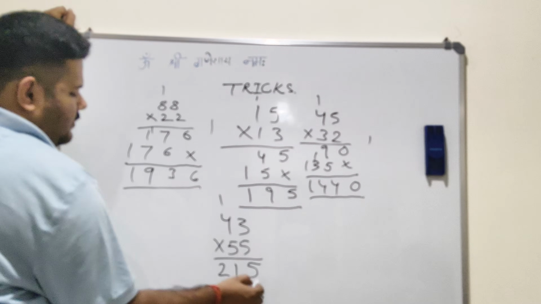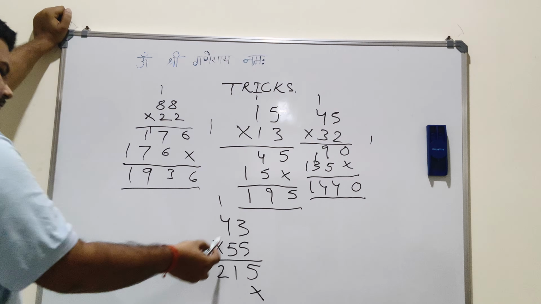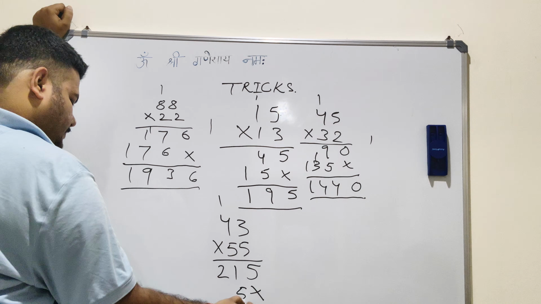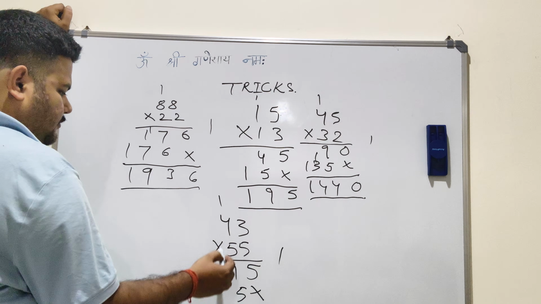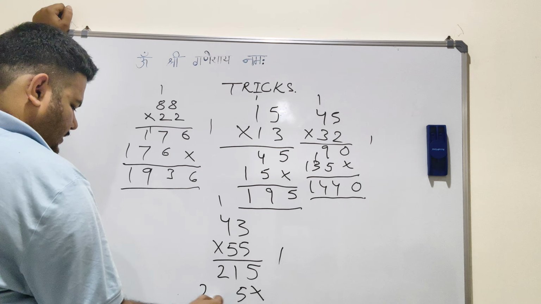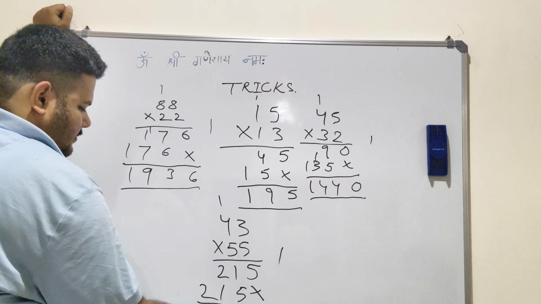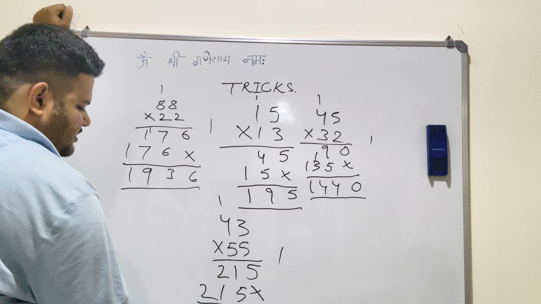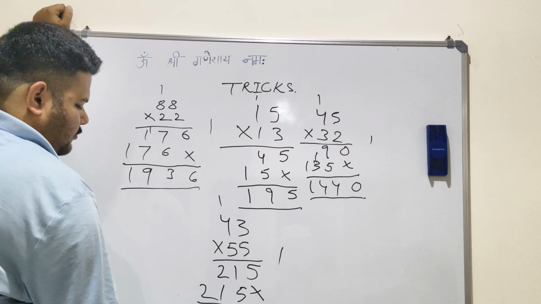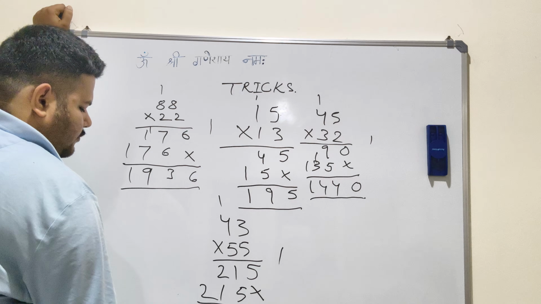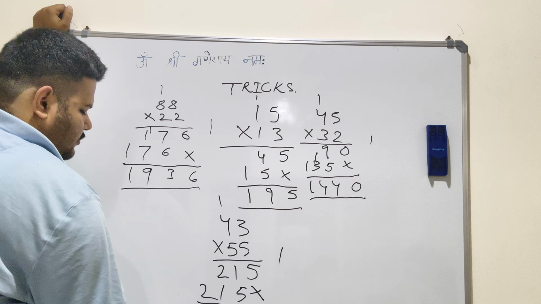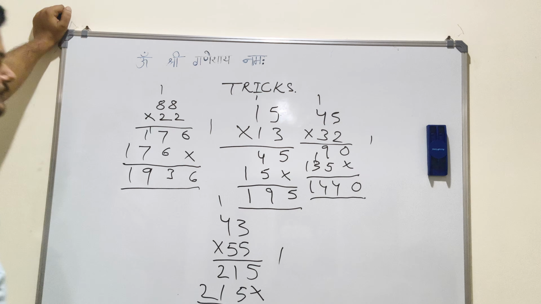You need to put a multiplication sign here. 5 3s are 15. 5 4s are 20. 20 plus 1 would be 21. Now you need to put 5 here. 5 plus 1 would be 6. 2 plus 1 would be 3. And 2 would come here. So your answer will become 2365.